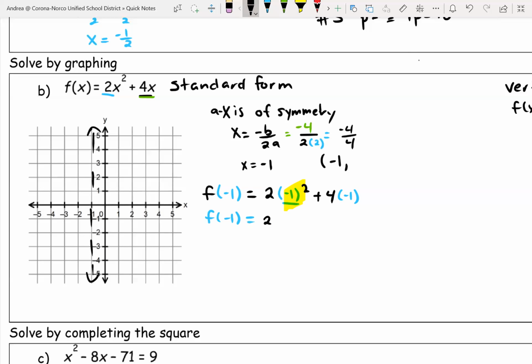So 2 times 1. And then 4 times -1 is -4. Two times 1 is 2. And then 2 times -4 is -2. So I go where x is -1 and y is -2, which is right here. So my vertex is -1, -2.